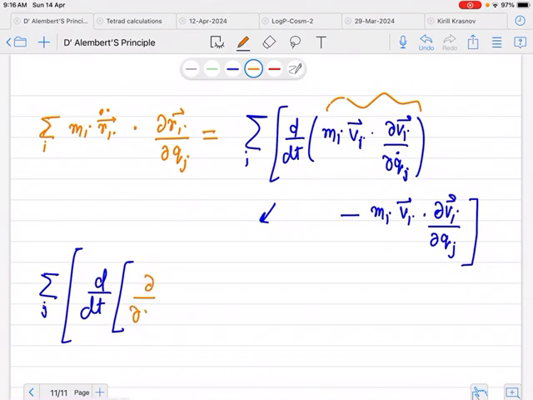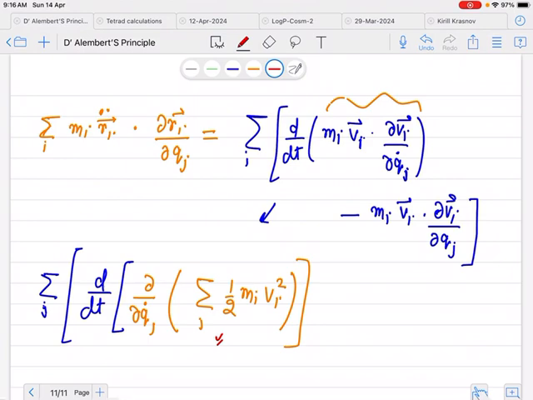Del over del Qj dot of sigma half mi Vi square. Why? Just check, differentiate this term.